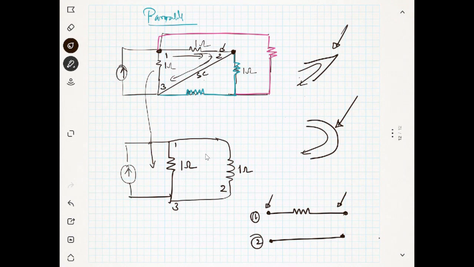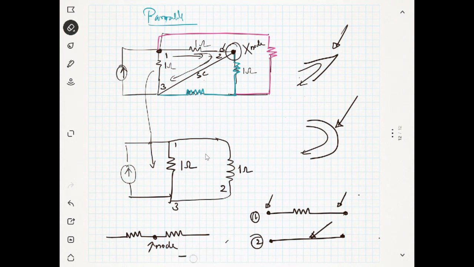There's only one node, so you cannot consider this a node. A node is nothing but an interconnection between two components. Otherwise, you could consider infinite nodes. This is not true. It is having only one point actually.